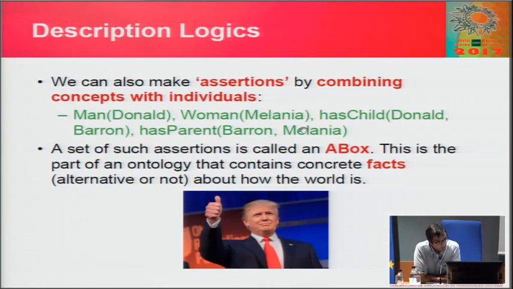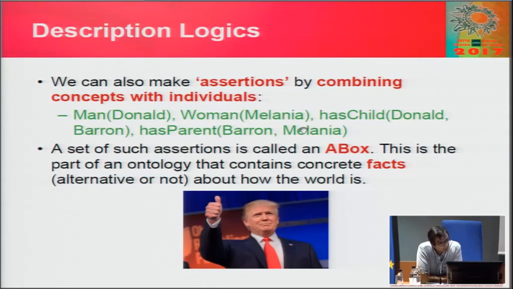We can also make assertions by combining concepts with individuals. As I said before, in an ontology you have classes, properties, and individuals, and so we can relate concepts with individuals. In this case, for example, if we make the assertion Man(Donald), this bracket notation basically means that Donald belongs to the class of Man.